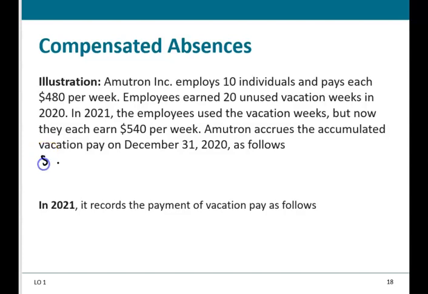So remember, we're going to record the expense in the period that the time was accrued or earned by the employees. And it's year end. We haven't paid them out. We're going to pay them out when they take the time next period. So we're going to credit salaries and wages payable.